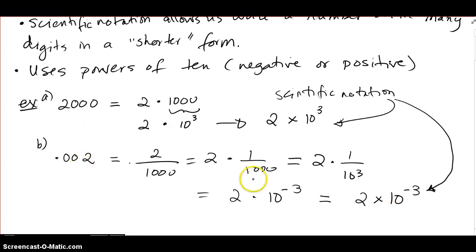So this is a lot of work to go through to get the scientific notation form of a number. There's an easy way to remember how to do this, but you basically keep track of powers of 10, and if it's a large number you'll have a positive exponent of 10, and if it's a small number you'll have a negative exponent of power of 10.